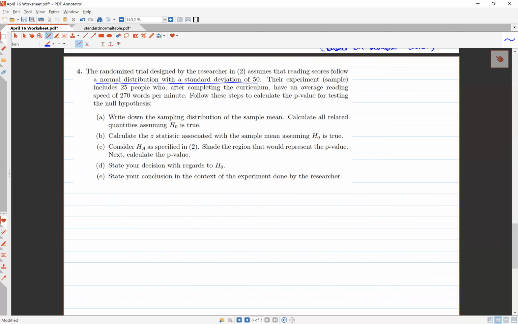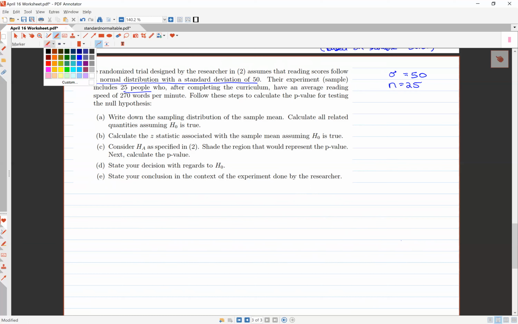The experiment, equivalently the sample, includes 25 people. So there's our sample size. And we were told our population has a standard deviation of 50. And our sample has an average reading speed. And I actually need to do a little fix here.